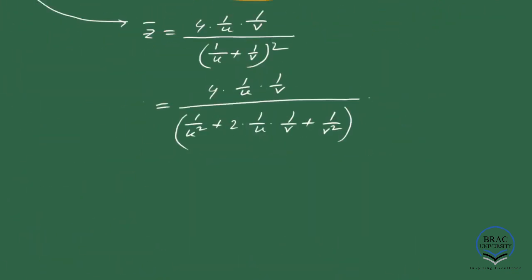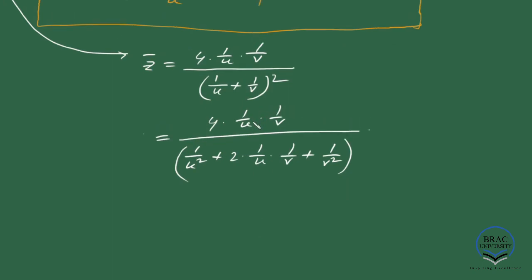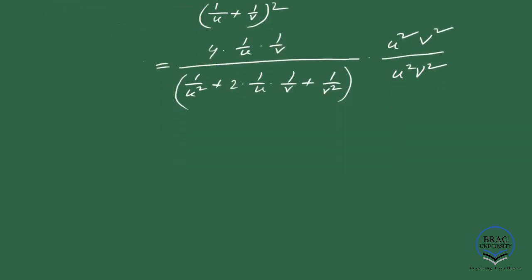In our current position, we have a bunch of 1 over u and 1 over v. We need to get rid of all of them. Then we're going to get a term that looks like 4uv, which means we can get closer to our goal. Since we're multiplying by this term, we're going to have to divide by the same term. So let's do this and work it out a little more.